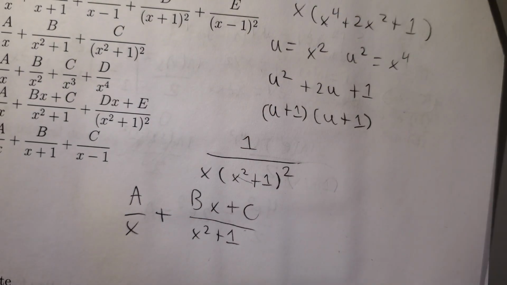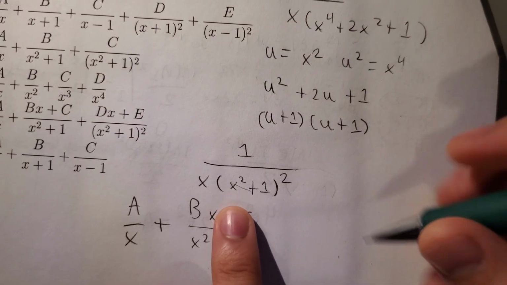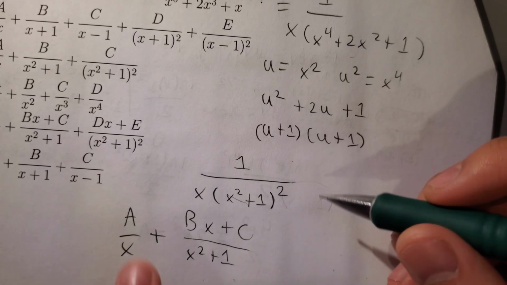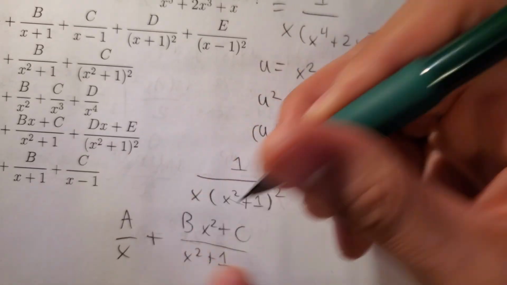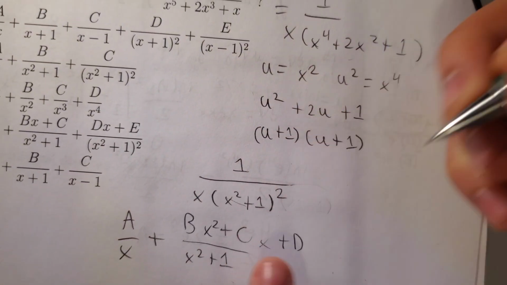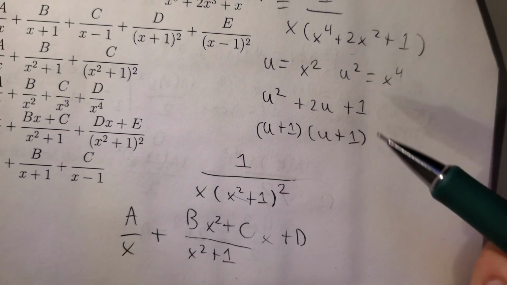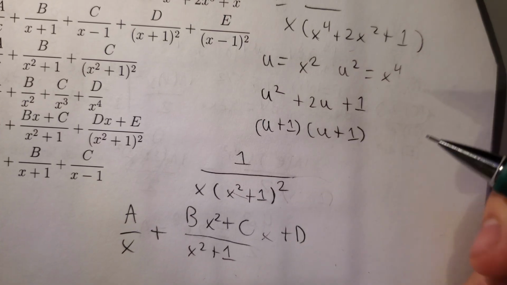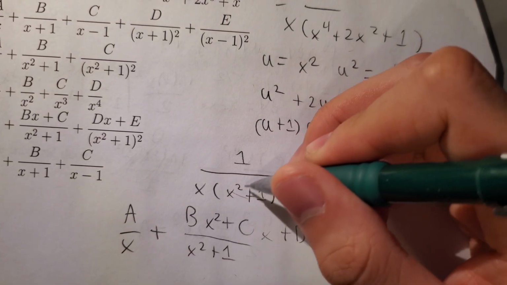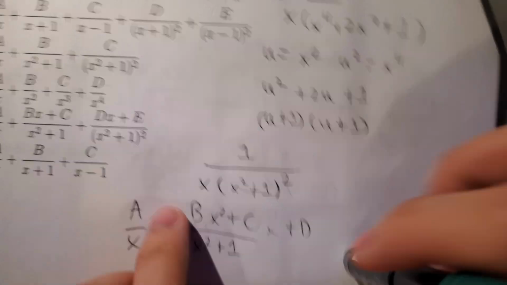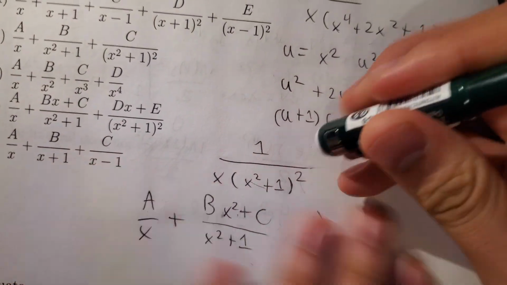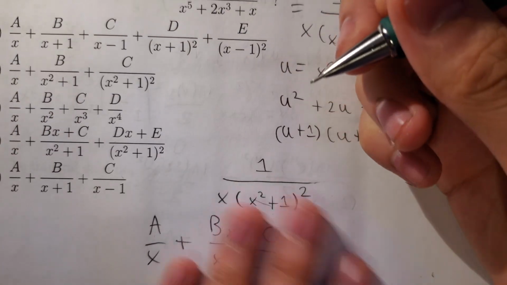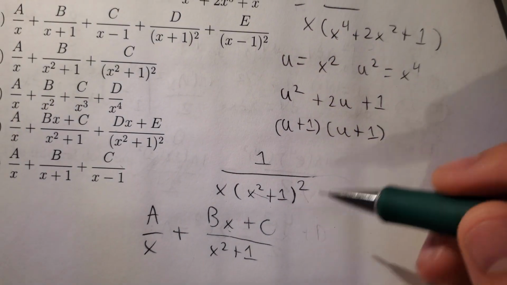And then similarly, if this term was an x cubed plus 1, then we'd have to use 3 letters. We'd have to do bx squared plus cx plus d or something. So basically the amount of letters you'd have to use in the numerator is equal to the highest power here. So in this case 2. So that's why we use 2. And then with each letter, you need to attach an x to it with an exponent that is 1 lower, if that makes sense.